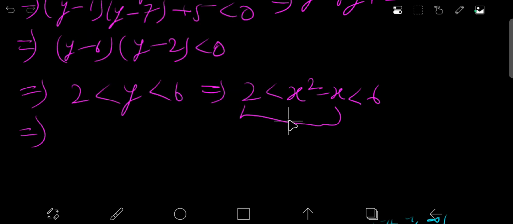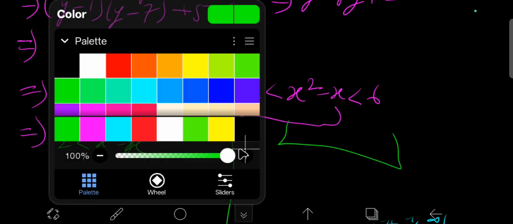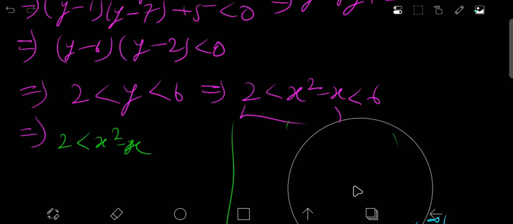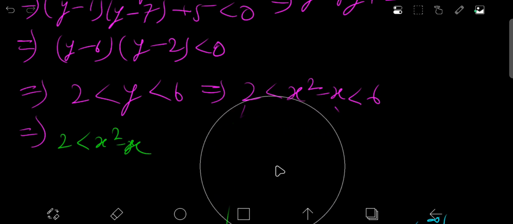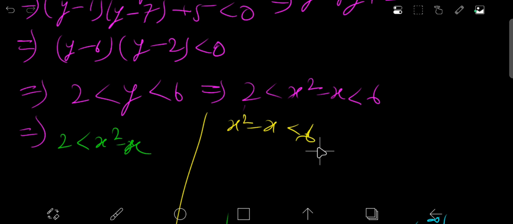We solve this as two inequalities, step by step. Firstly we take 2 less than x square minus x, and on the other side x square minus x less than 6.